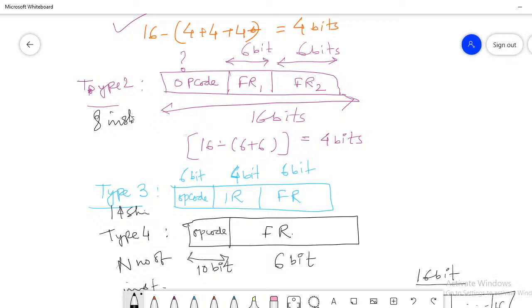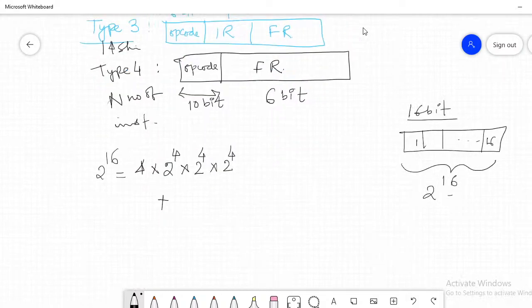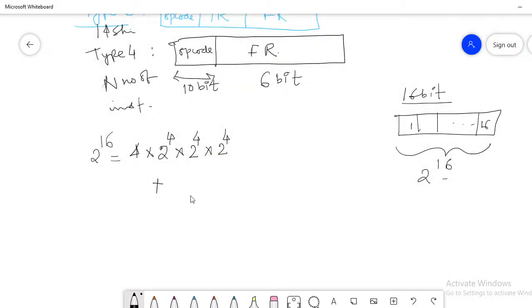So 8 into 2 to the power 6 into 2 to the power 6 will be the possible combinations of the second type. For each instruction you have 2 to the power 6 for FR1 and 2 to the power 6 for FR2.